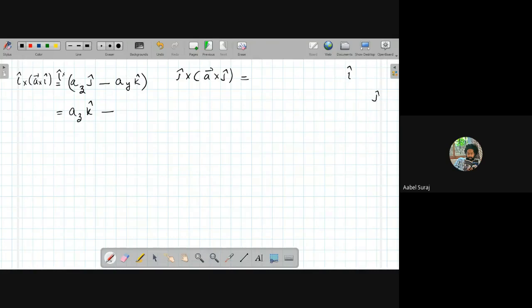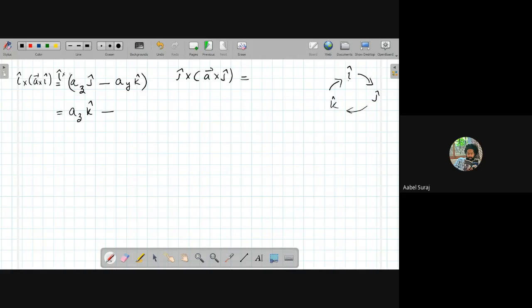If you are doing any calculations on vectors in vector calculus, just memorize this cyclic order. It will be very important. i, j, k: i cross j is k, j cross k is i, k cross i is j. Just do the cyclic thing, and if it is in the opposite direction, there will be a minus.